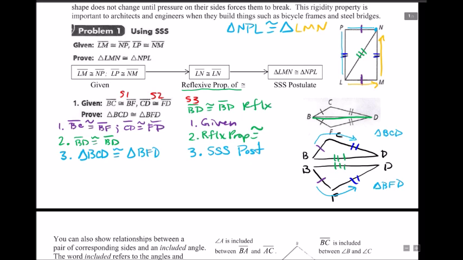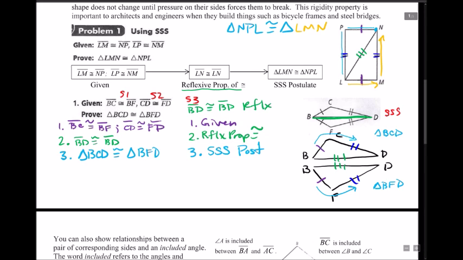I bet that I can use the SSS postulate here. I need a third side. I could see here that these two triangles share this line, so that segment is going to be congruent to itself by the reflexive property of congruence. That gives me 3 sides.